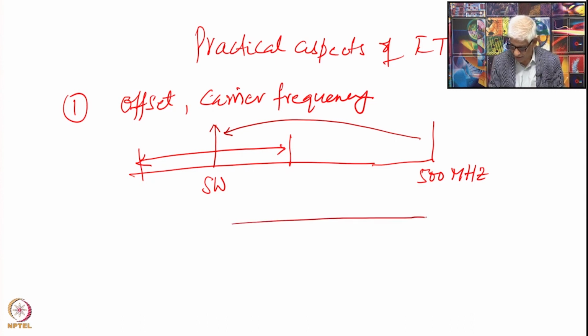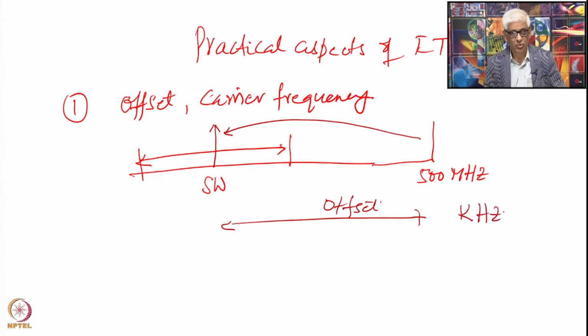So, from here to here what we are shifting, this is called the offset. This is in kilohertz, it will not be megahertz. So, 5000 hertz or 6000 hertz and things like that, that much of range we will cover, and this of course is a few kilohertz.